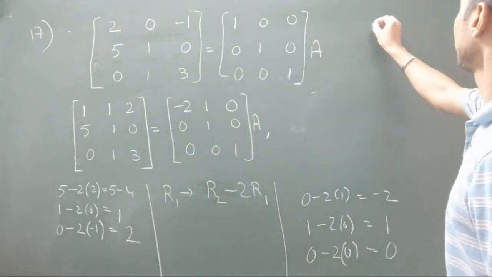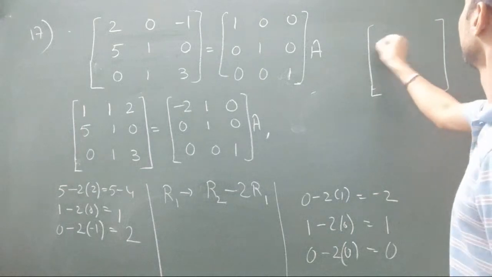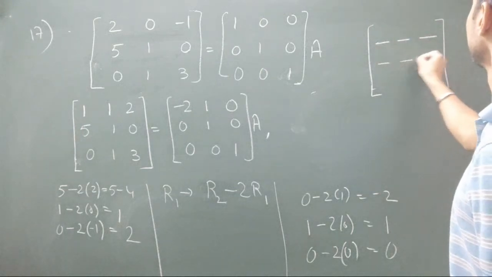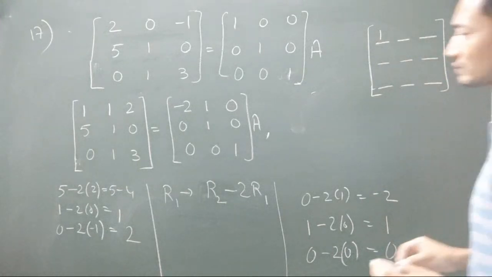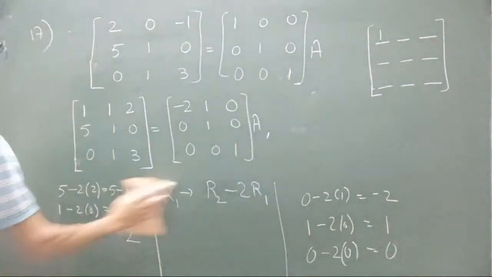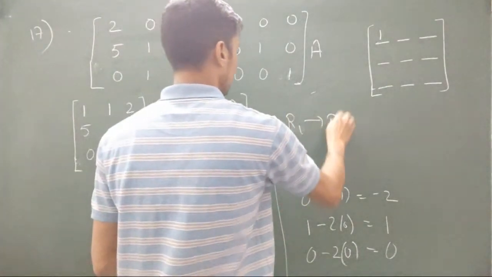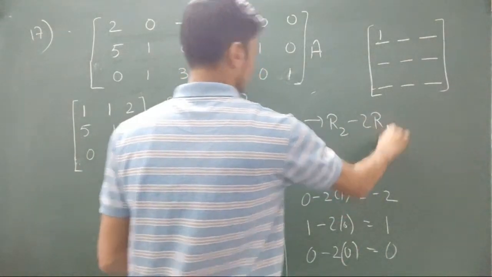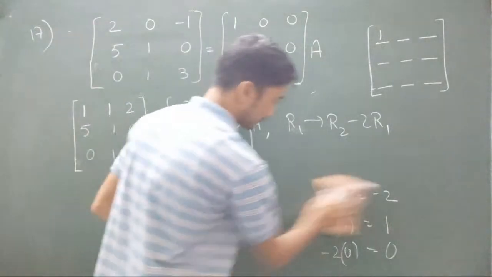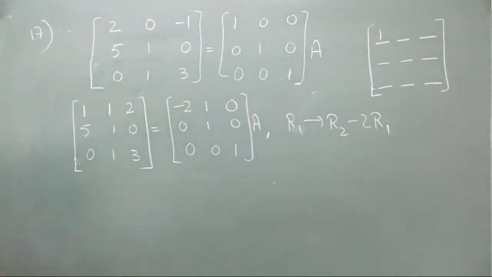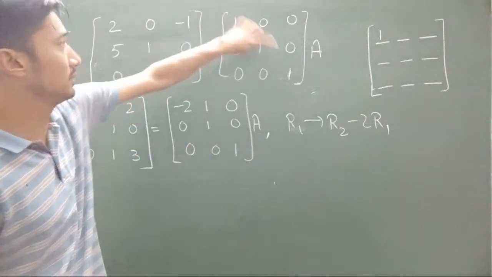I'll just write down that 3 by 3 matrix here. So this is done. Okay, I'll rub off. I'll just write down this operation here. You also do, if you come across any mistake, do let me know. I hope this time I'll not make any mistakes. So 0 minus 2, 1, 0, 0, 0. Fine.